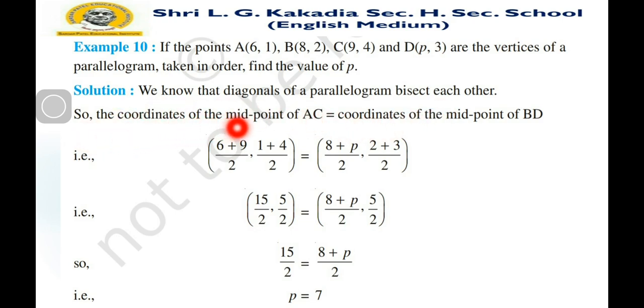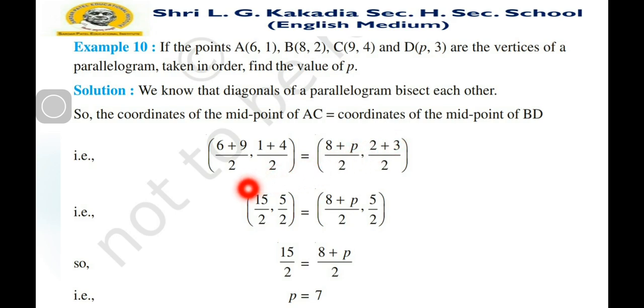So the coordinates of the midpoint of AC are equal to the coordinates of the midpoint of BD, because the midpoint is the same for diagonal AC and diagonal BD. The midpoint of AC is ((x1 + x3)/2, (y1 + y3)/2), and the midpoint of BD is ((x2 + x4)/2, (y2 + y4)/2).